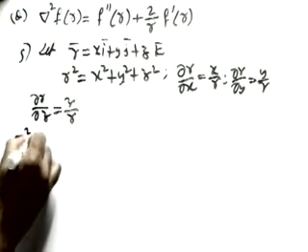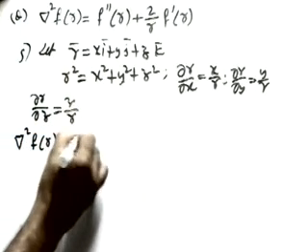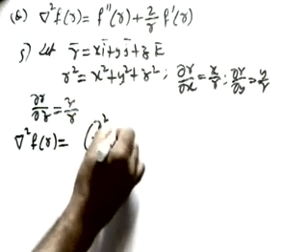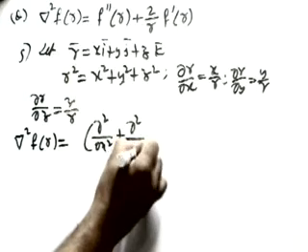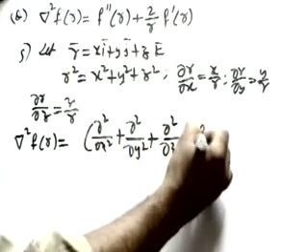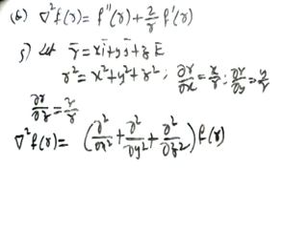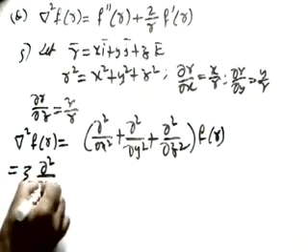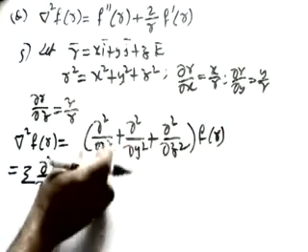Now let me take del² f(r) equals del². We know what is del²: ∂²/∂x² + ∂²/∂y² + ∂²/∂z² into f(r). Let me take sigma, sigma ∂²/∂x².